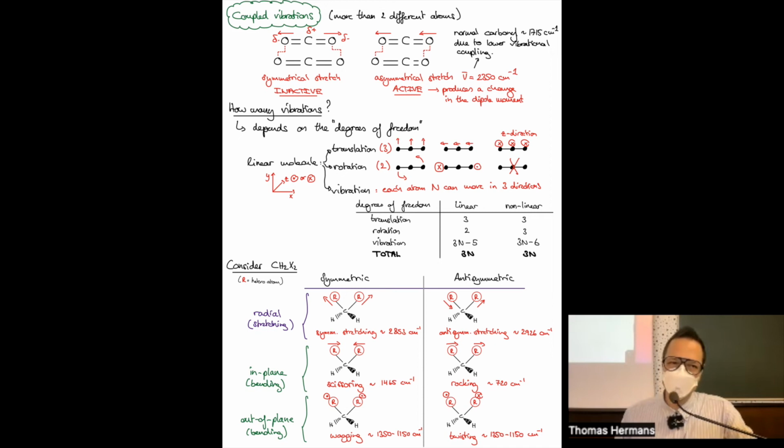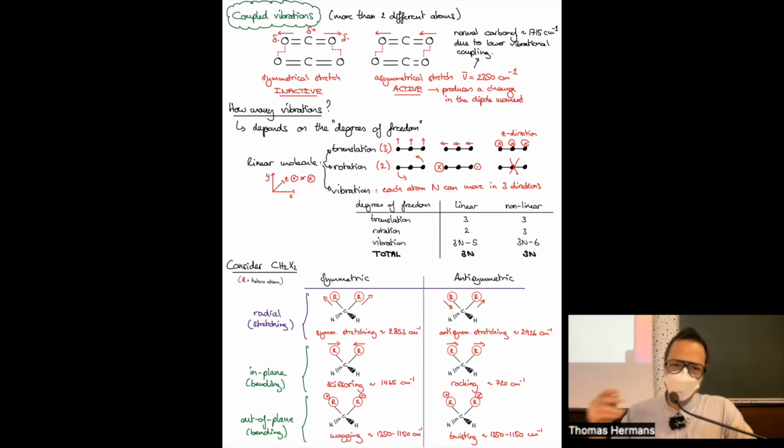So let's look at some of these more complicated vibrations. I'm going to cheat a little bit. Okay. So let's say we look at the molecule which has 2 hydrogens and 2 heteroatoms.